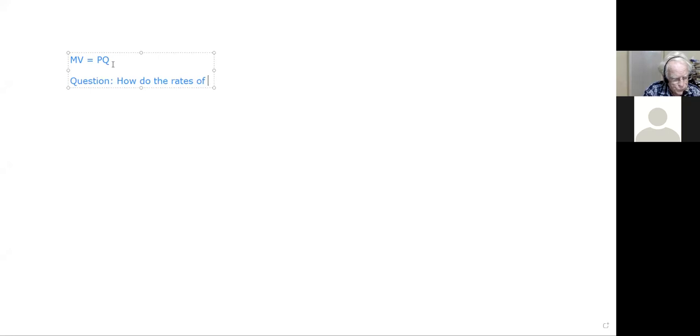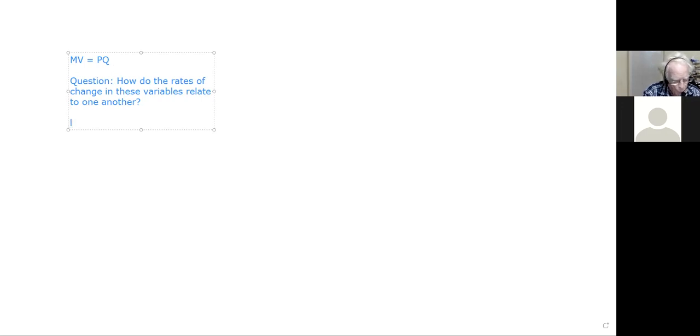how do the rates of change in these variables relate to one another? So, for example, in the question, you have to assume that output is falling 3%. To determine the rate of change in each variable, let's do a couple of mathematical operations.